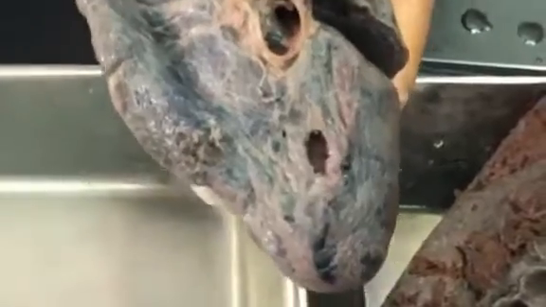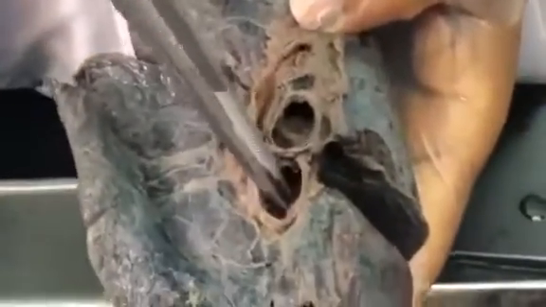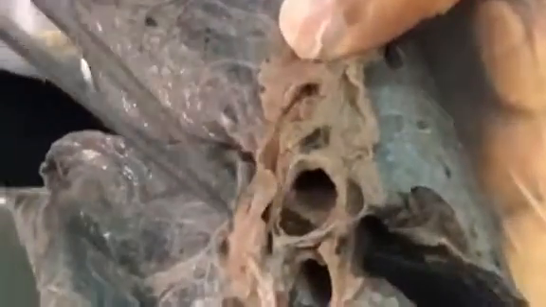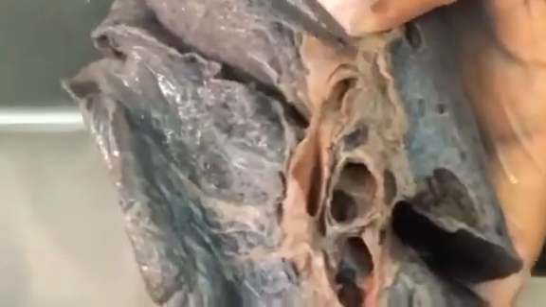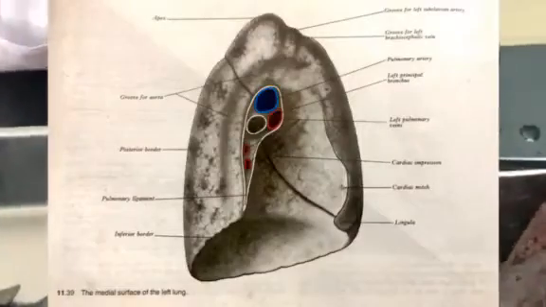This is the arrangement of the main structures in the hilum of the lung. This is the pulmonary artery, this is the left principal bronchus, this is the superior pulmonary vein, and this is the inferior pulmonary vein. So one pulmonary artery, two pulmonary veins, and the principal bronchus are the main contents of the left lung.